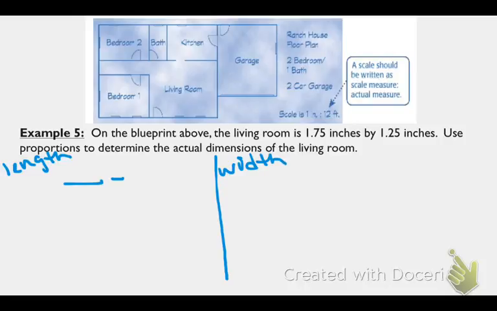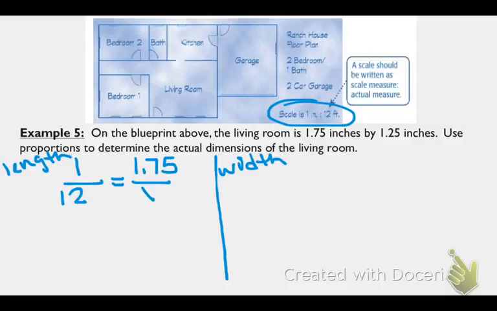I'm going to set up my proportion, and I'm going to use the scale, which is here in the corner, and the scale is always given as the scale measure to the actual measure. So I'm going to say 1 is to 12, and this is 1 inch to 12 feet, as well, if I'm told that the living room is 1.75 inches, since I'm putting inches on the top, it has to go on the top.